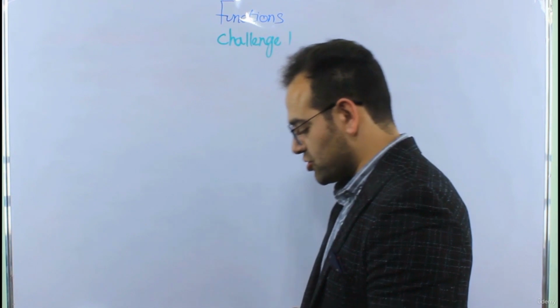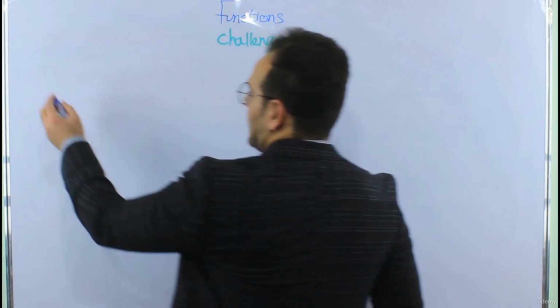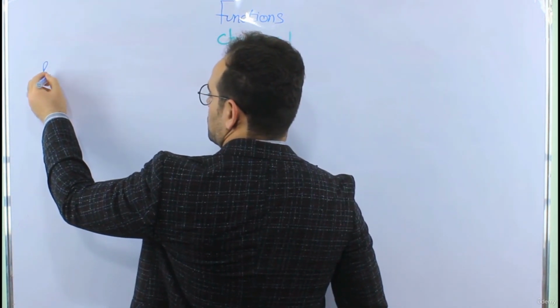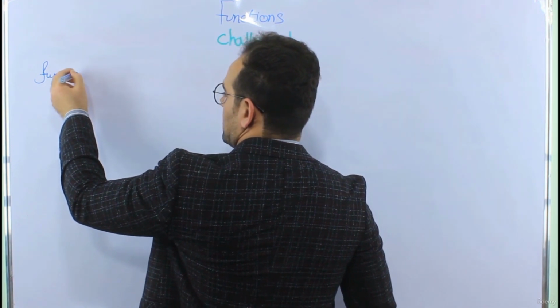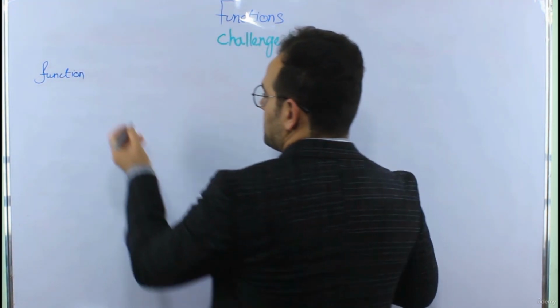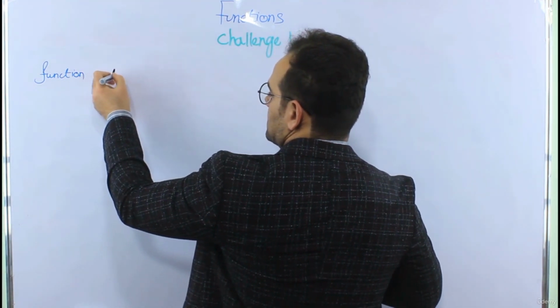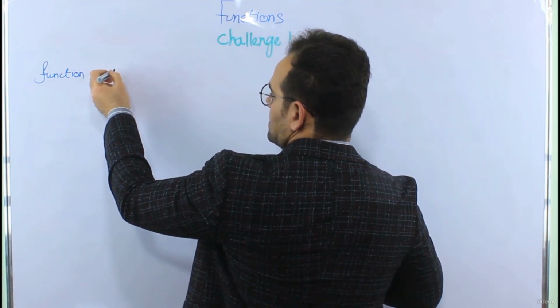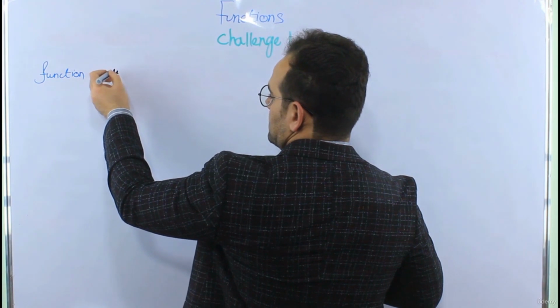Now I am going to create a function first, and to be able to create a function, we need the function keyword. The name of the function is going to be multiplication. So let me create that.